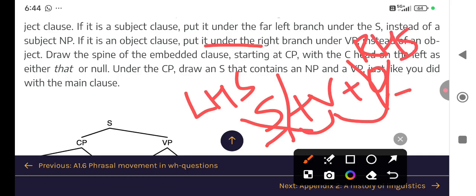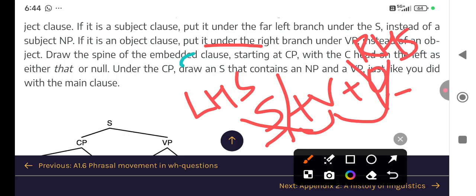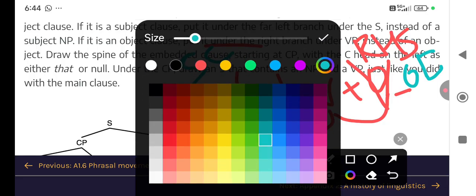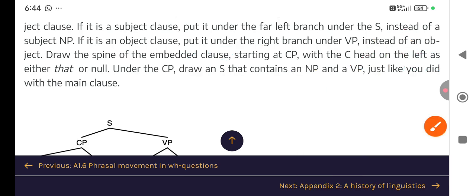If it is a subject clause, you should place the subject clause here, that's a subject clause, right, this way. And if it is an object clause, that should be placed here after the verb. The important part of any sentence is the verb. Okay, so the same he is talking about. That's instead of object. Now draw the spine of the embedded clause starting at CP.